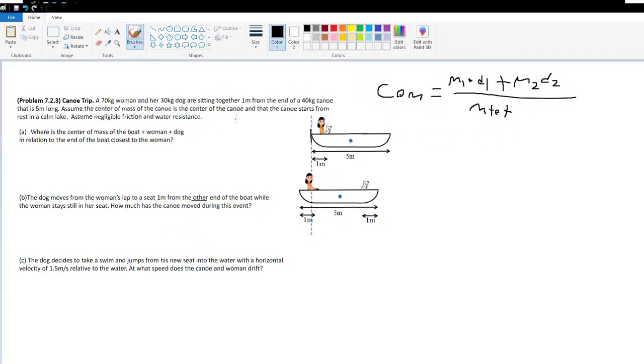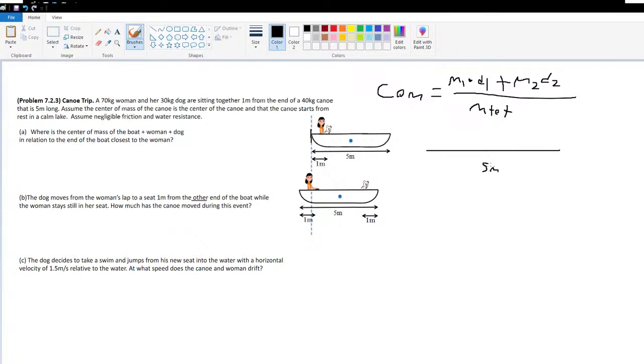So in this scenario, we can just rewrite this because this picture is kind of bad. If we just draw this as a line, right? Oh wow, that is a really straight line. And we know this whole line is 5 meters long.